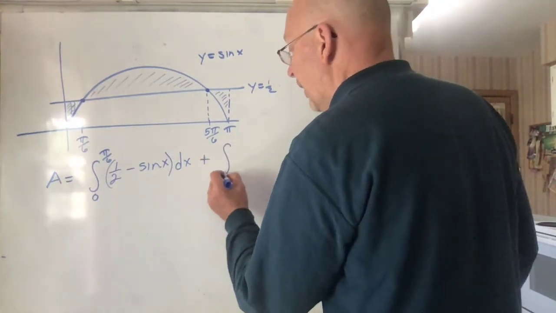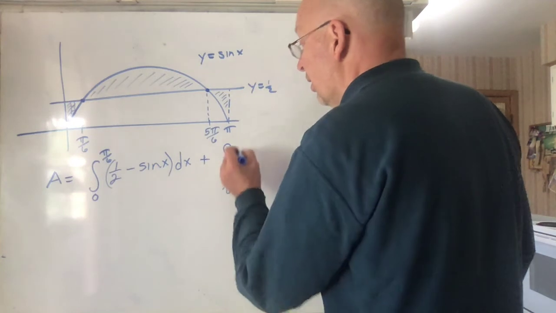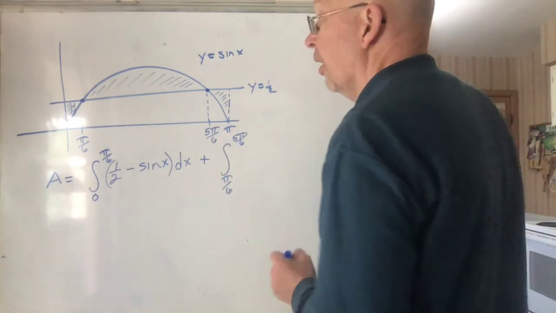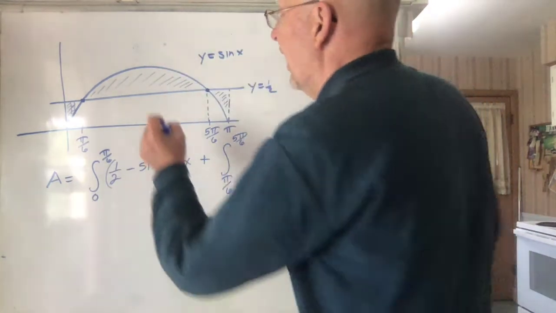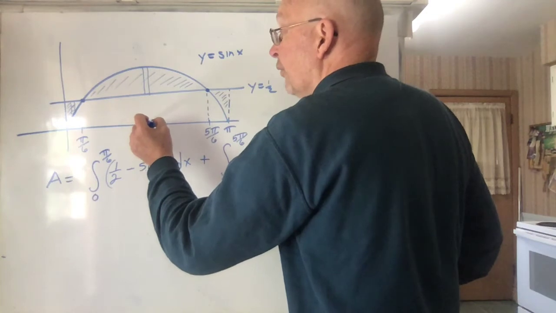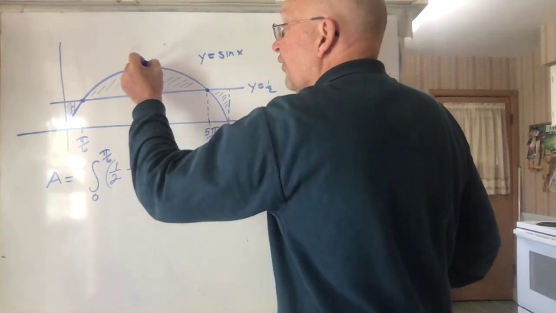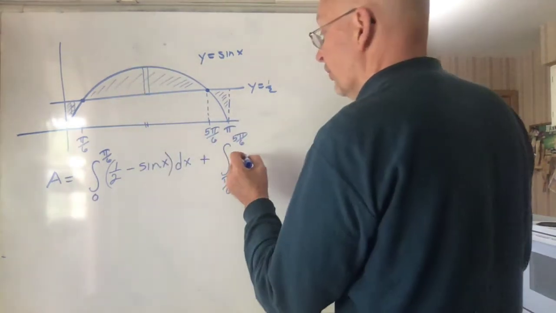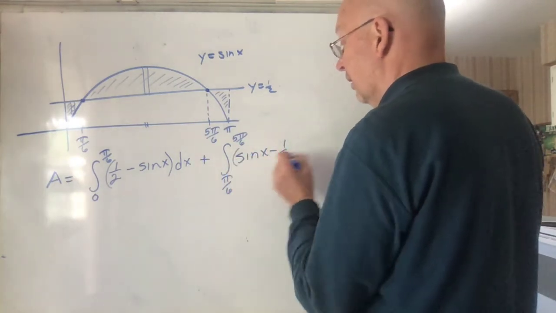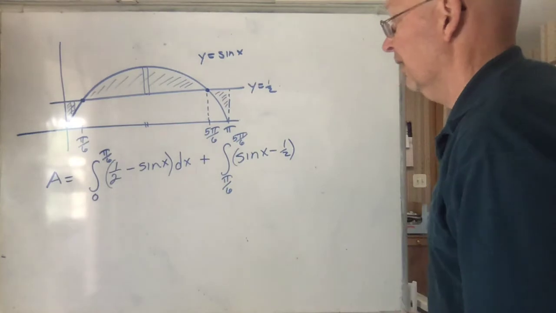Then, from pi over 6 to 5 pi over 6, we're going to add up all these rectangles. What are these rectangles? For every value of x in here, we're taking this value minus this value, which is going to be sine of x minus 1/2, from there to there.